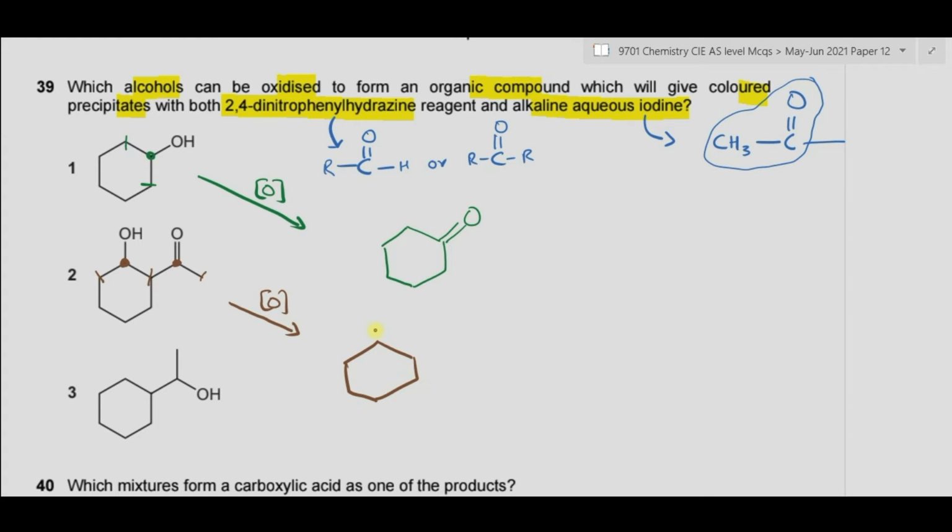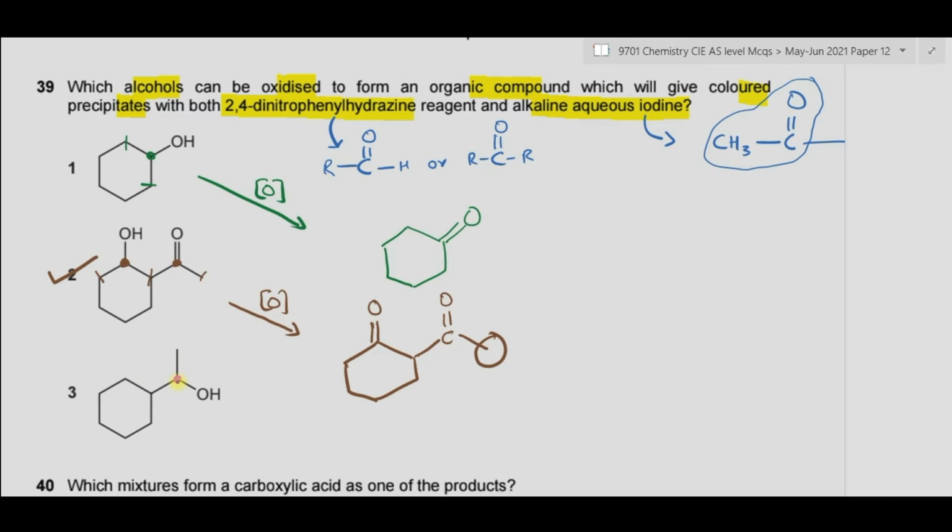Now we have 2 ketone groups in the product. As we can see that the ketones are present, so therefore 2,4-DNPH will give positive result and colored precipitate is formed. And we can also see that CH3 is directly attached to the carbonyl carbon, so therefore alkaline aqueous iodine will also give colored precipitate.